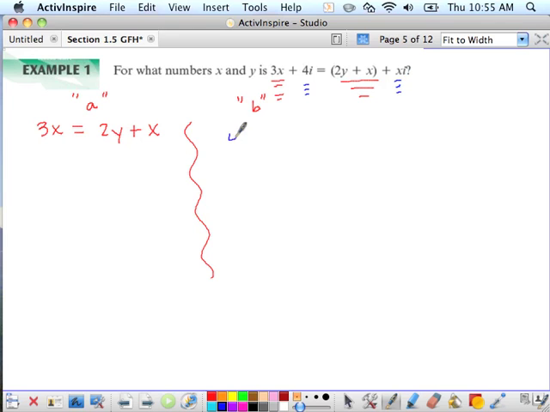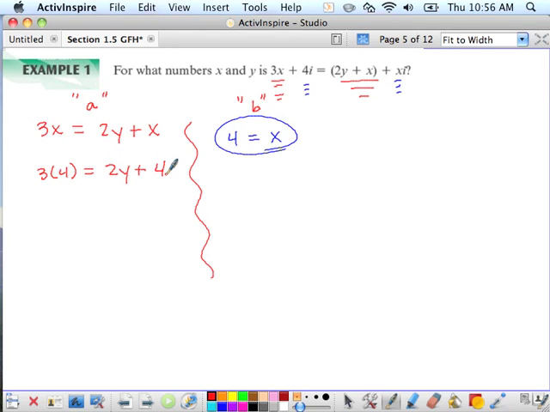Now that we know that 4 equals x, I can come over to the other side and substitute 4 in for x and see if I can figure out what y is. So sometimes you actually have to work on the b's before the a's here. So on the left, I know that 3 times 4 is 12, and that has to equal 2y plus x.